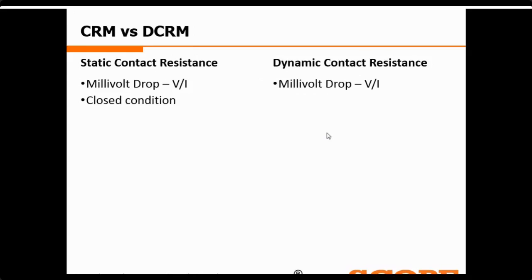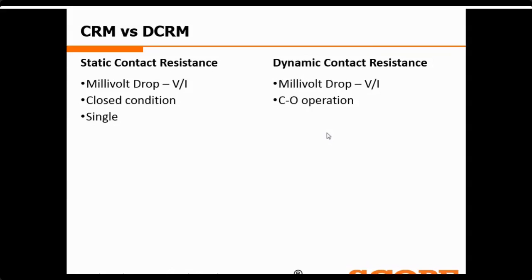Now in static contact resistance, the circuit breaker is kept in closed condition. In case of dynamic contact resistance, the circuit breaker is in close-open operation. Generally in CRM, the static contact resistance, we inject the current, measure the voltage and get a single value of static contact resistance.